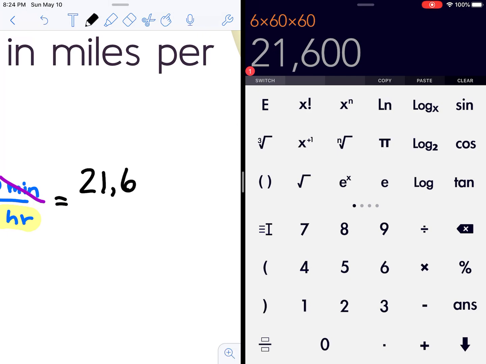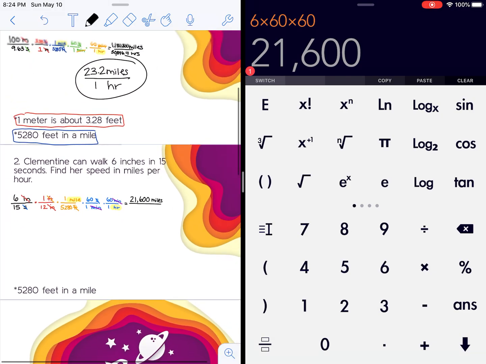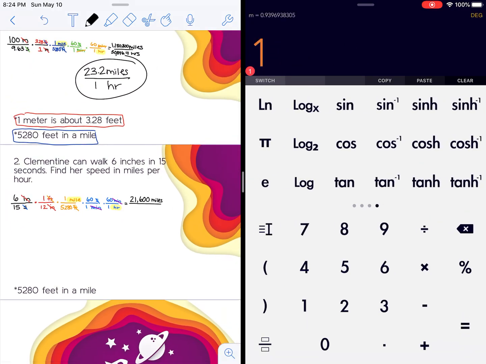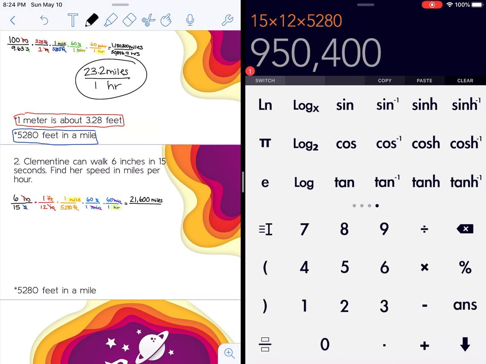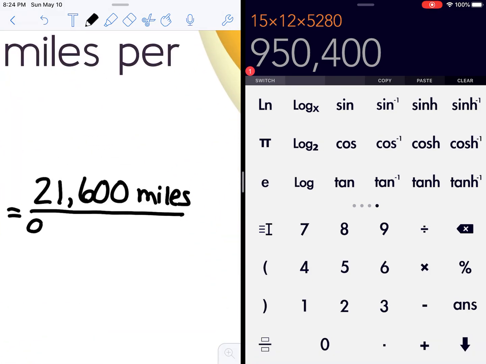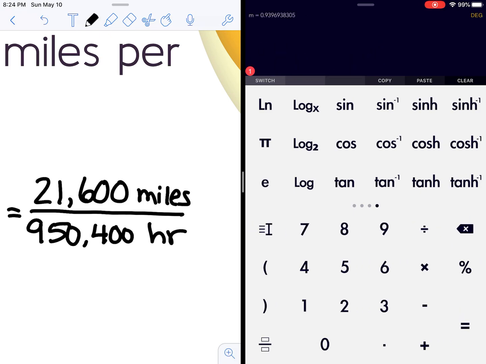And I get 21,600 miles per. For hours, I have 15 times 12 times 5,280 times 1 times 1. I'm going to divide these so that I get it per 1 hour.